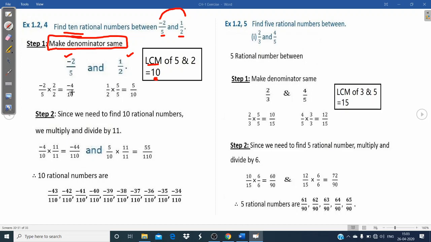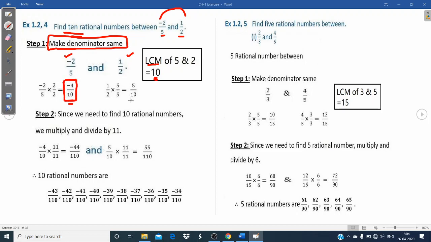Here we have taken the LCM 10. 5 twos are 10, so 2 is multiplied by -2, and it becomes -4/10.